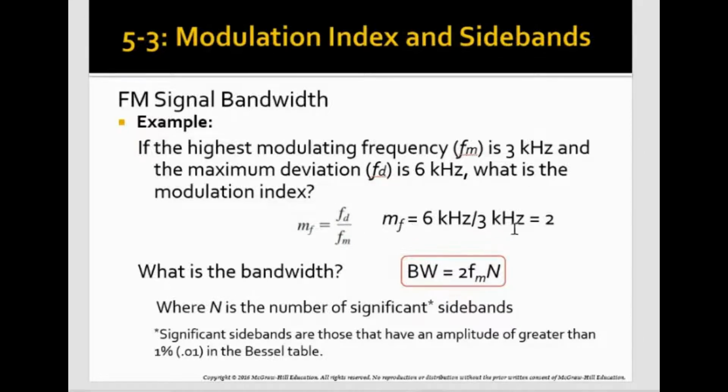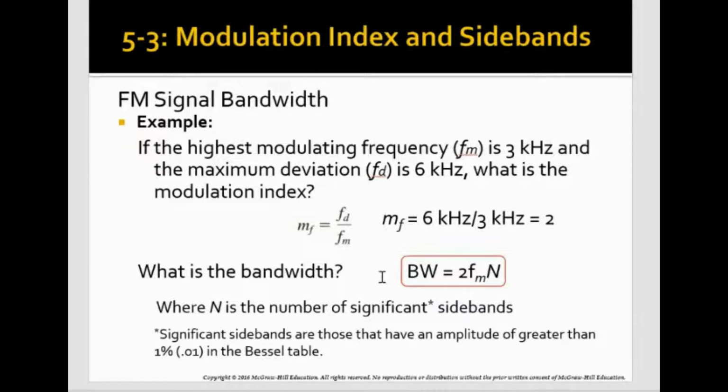Of course, we can calculate this. FD over FM, so we have 2 as our modulation index. Now, since we know our modulation index, what is the bandwidth?